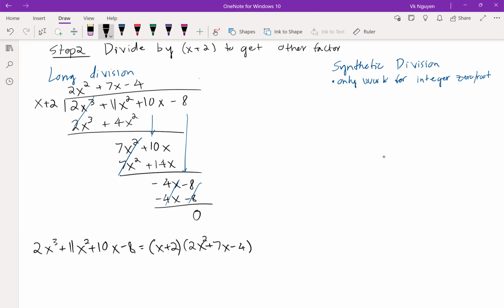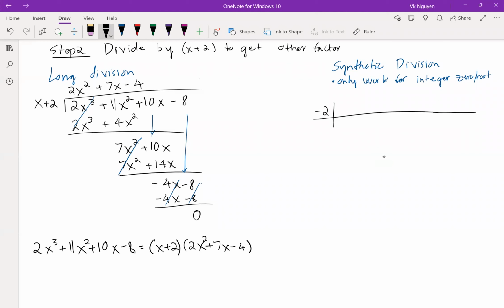Now, to do the synthetic division, we draw this on the left corner. We have the zero, negative 2.